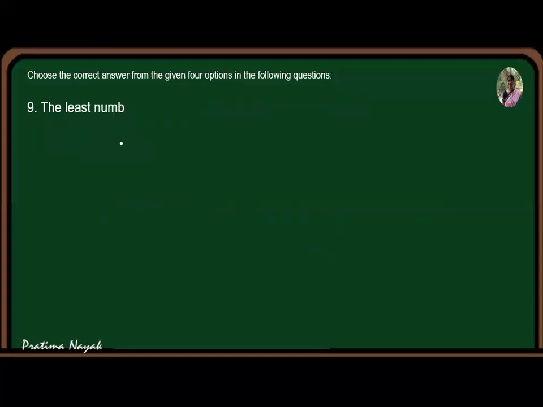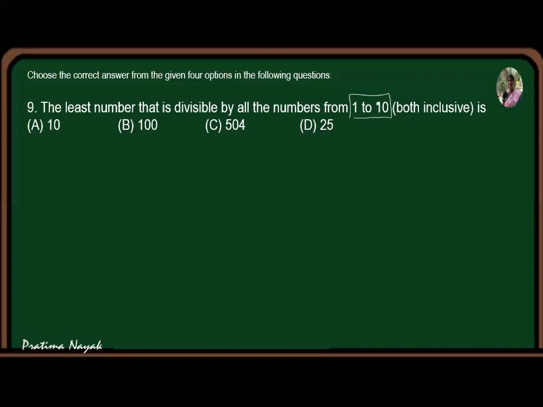Next, the least number that is divisible by all the numbers from 1 to 10, both inclusive. That means 1 will be taken, 10 will also be taken. It will be 10, it will be 100, it will be 504, it will be 2520.